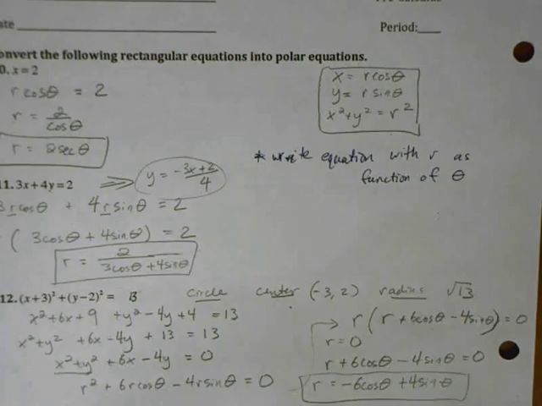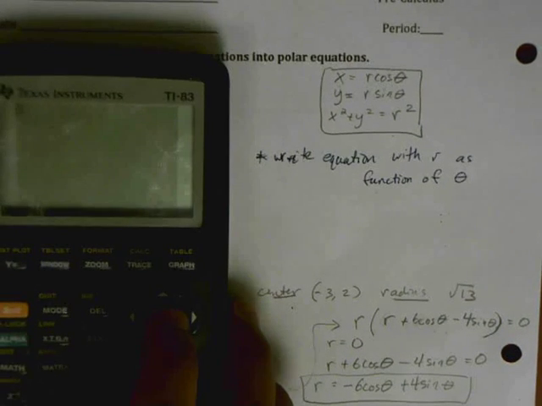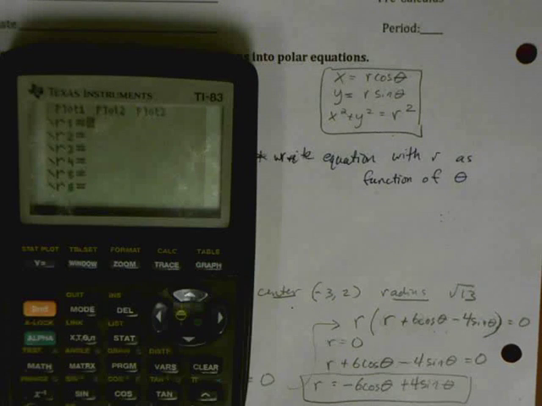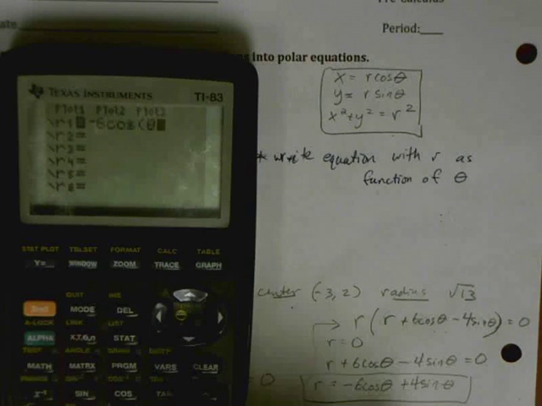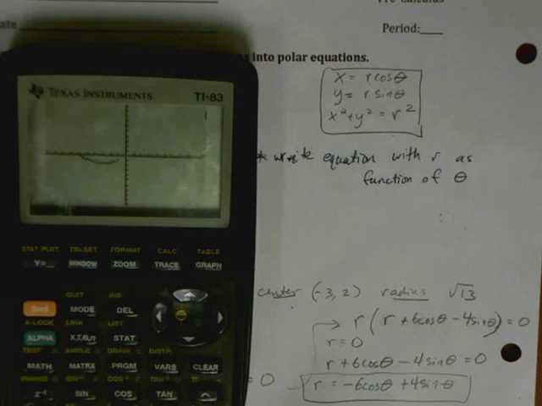Now I can graph using my calculator, just to see that it is in fact going to be a circle. Negative 6 cosine theta plus 4 sine theta. Graph. You can see there it's going to be a circle.